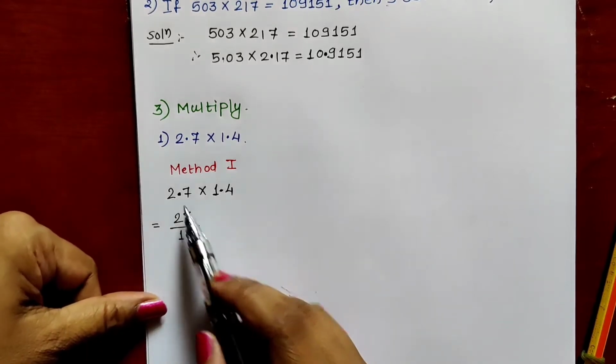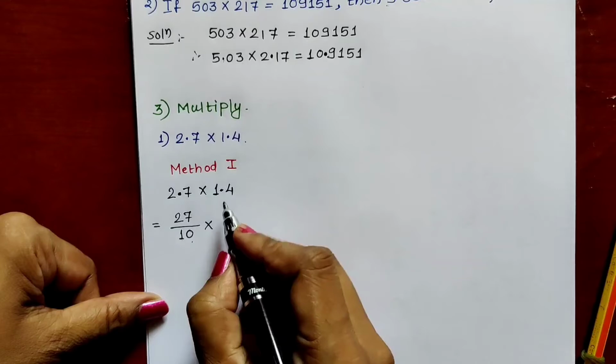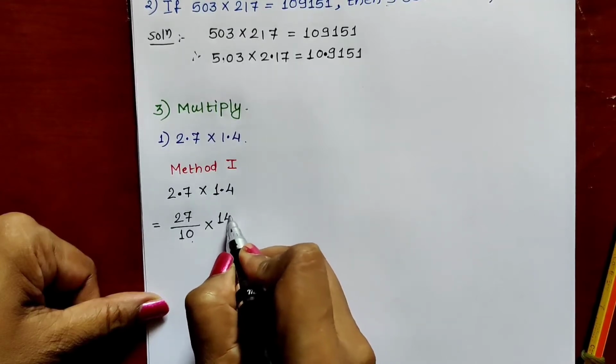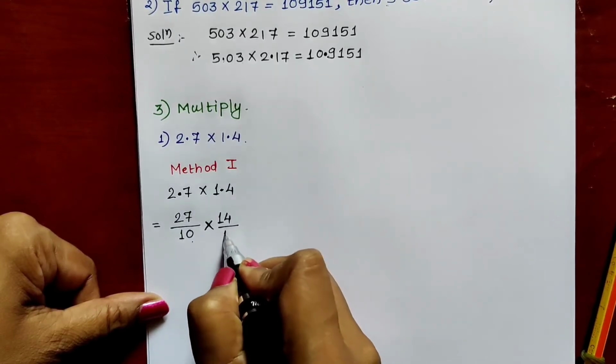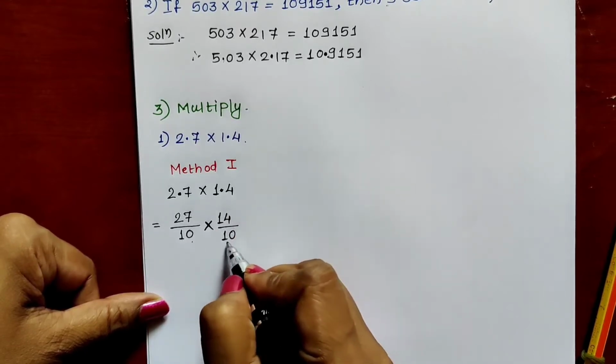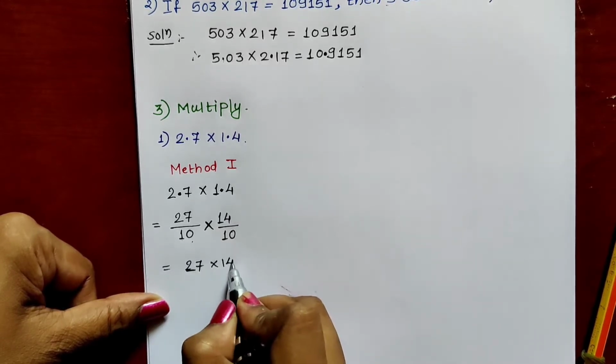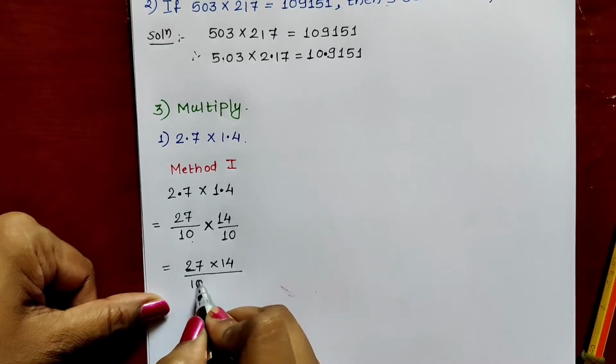So here we have to write 10 in the denominator, multiply by 1.4, that means 14 we have to write, and in the denominator there will be 10 again, because after decimal point there is 1 digit on the right hand side. Now we can multiply 27 into 14 upon 10 into 10.